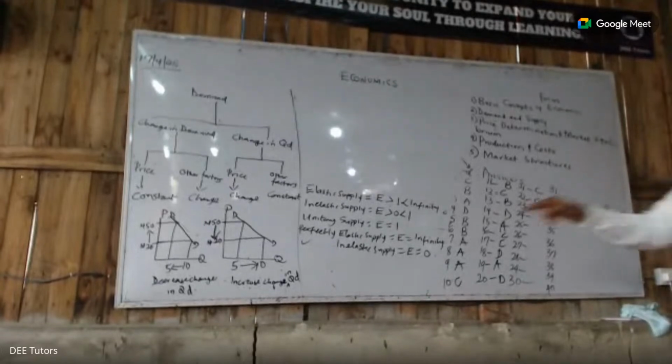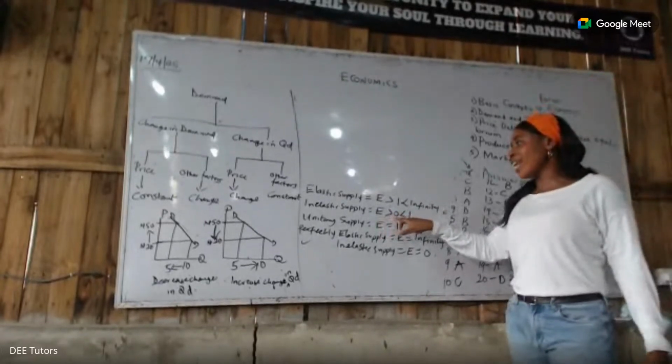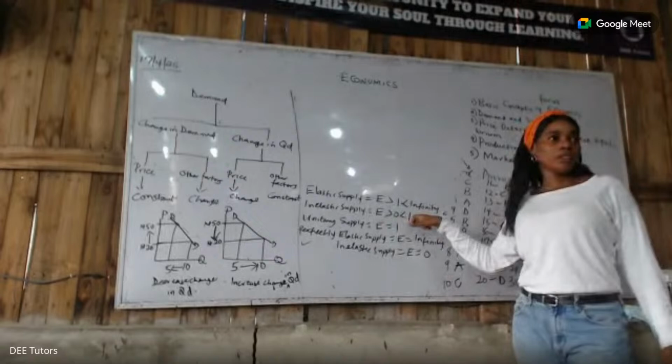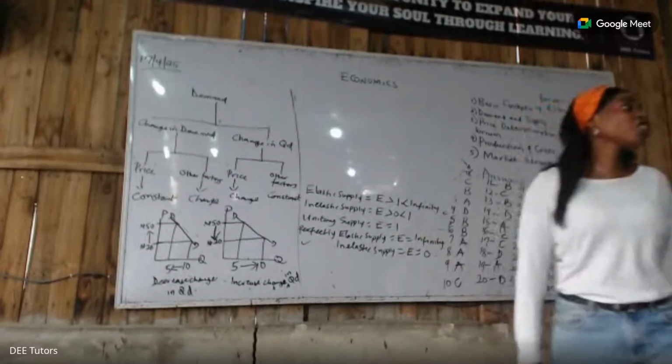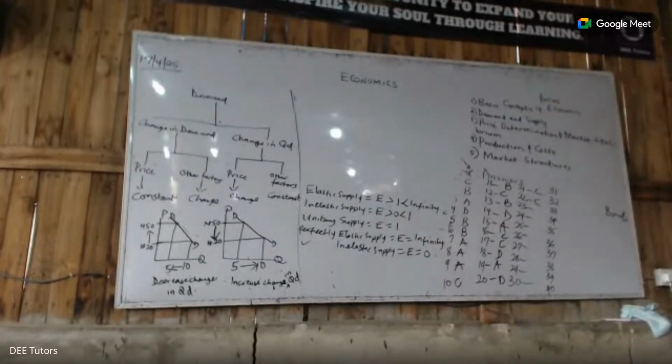Full stop. Then you write this there: elasticity is greater than 0, less than 1. You understand? A small change in quantity supplied.